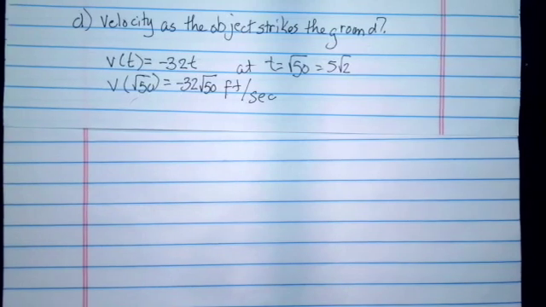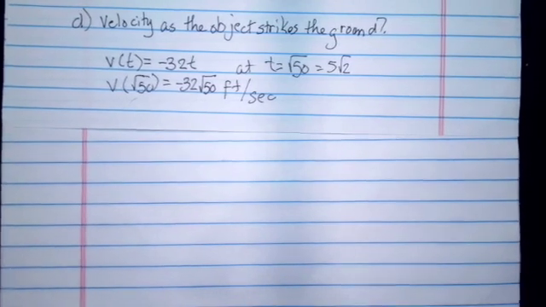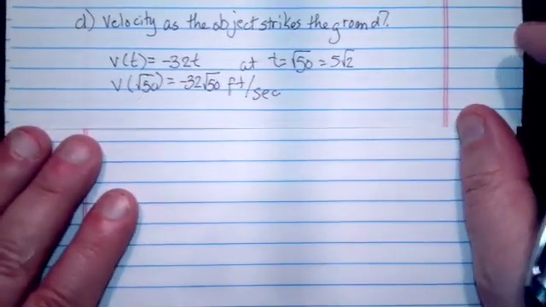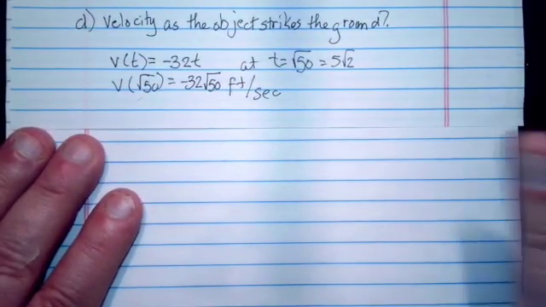I'm not sure what that is. It is approximately maybe negative 220 feet per second. Maybe not, somewhere between negative 210 and negative 220, I think. If you have a calculator handy, you can figure that out.